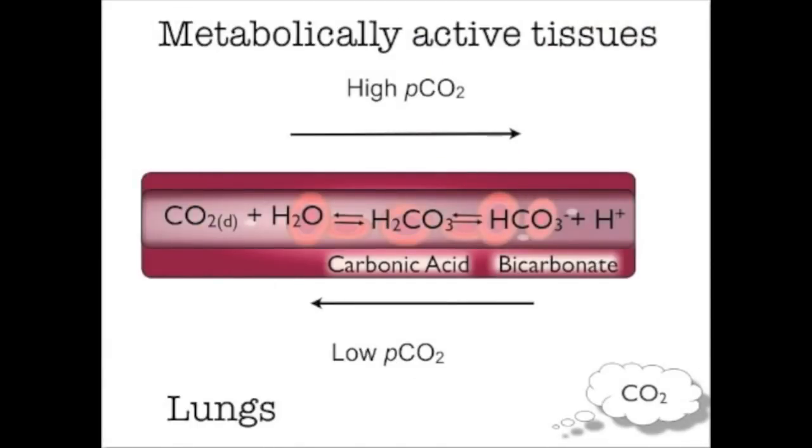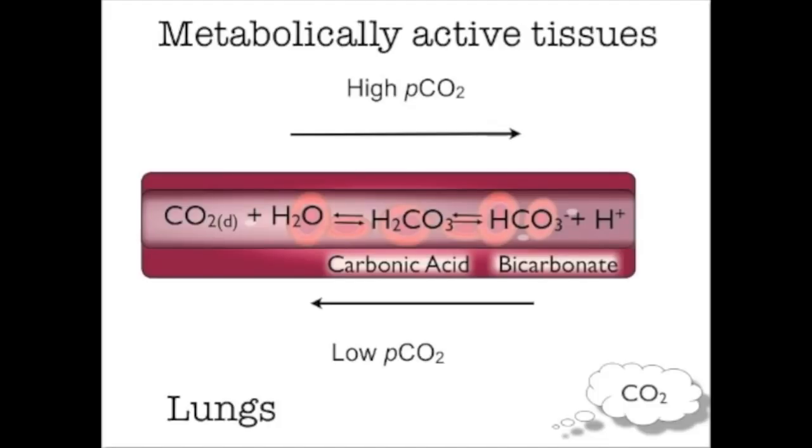And so to go over this again, in the tissues, carbon dioxide and water that are produced during metabolism leave the tissues and enter the bloodstream. The carbon dioxide and water go into red blood cells, and there are enzymes in the blood cells that convert carbon dioxide and water into carbonic acid. Carbonic acid is rapidly deprotonated to become bicarbonate and a proton.